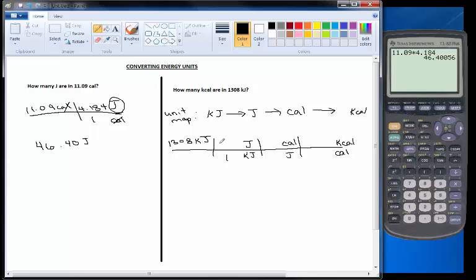In 1 kilojoule, there are 1 times 10 to the third joules. In 1 calorie, there are 4.184 joules. And in 1 kilocalorie, there are 1 times 10 to the third calories.